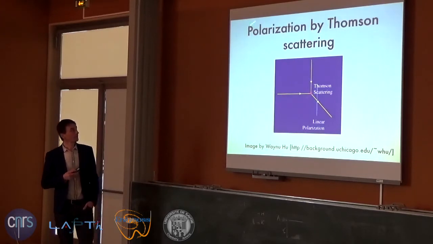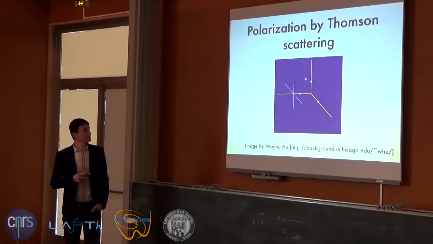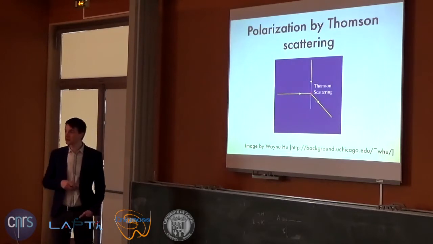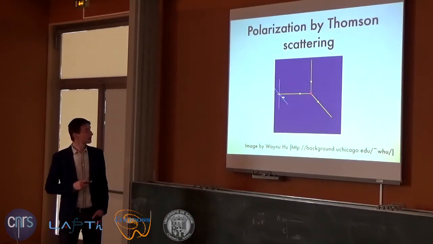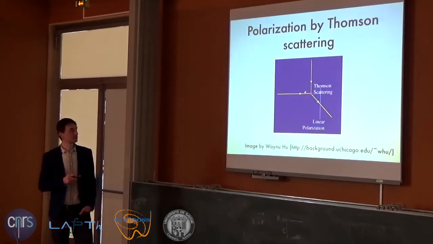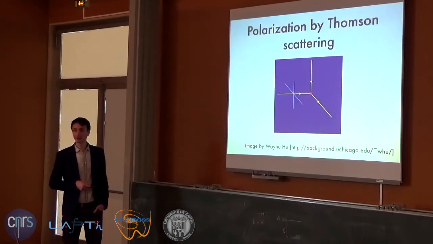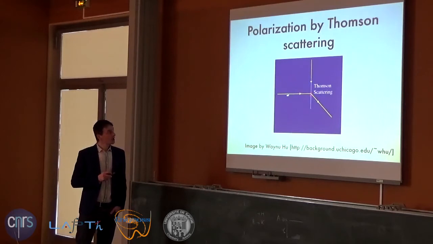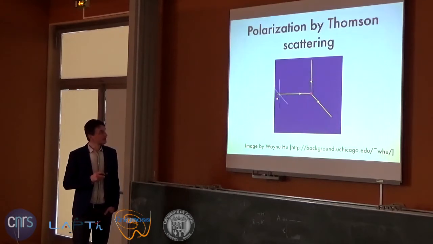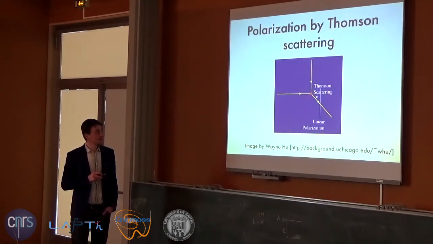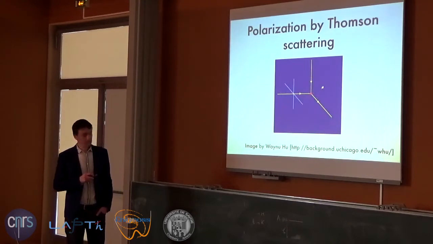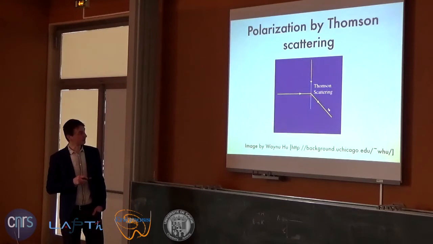Then, more explicitly, the effect that happens at the cosmic microwave background is Thomson scattering, which means that a photon encounters an electron and through its interaction with the electron is changed into a random direction. But you can see from this picture that the orientation of the incoming unpolarized light determines how efficiently it can be reflected.